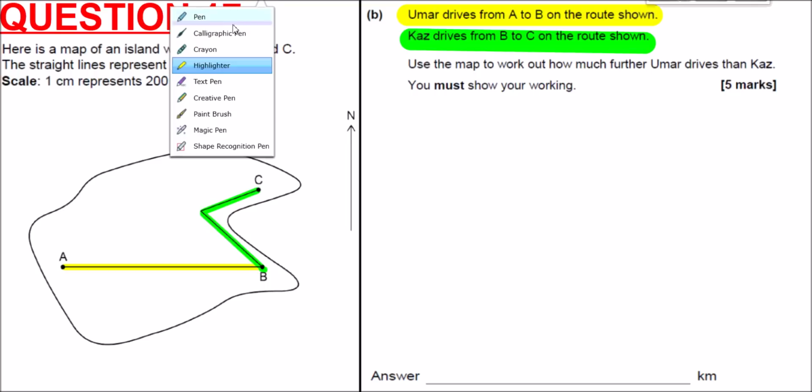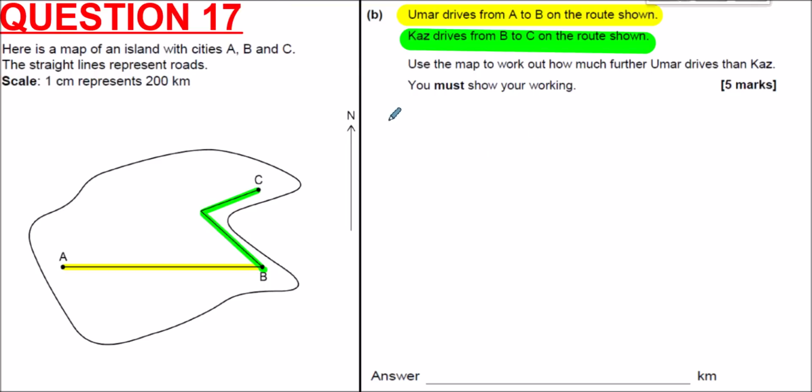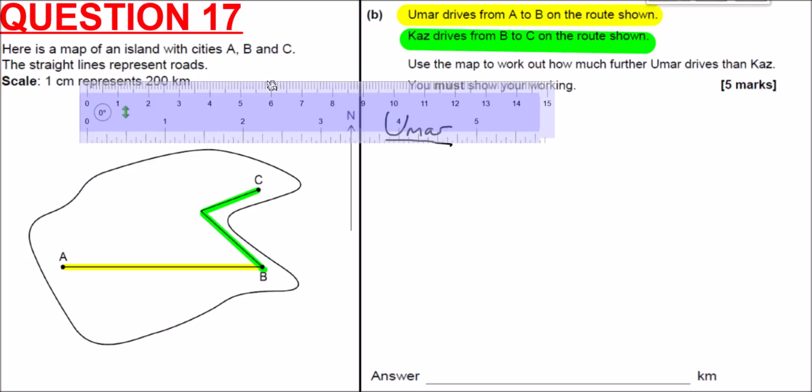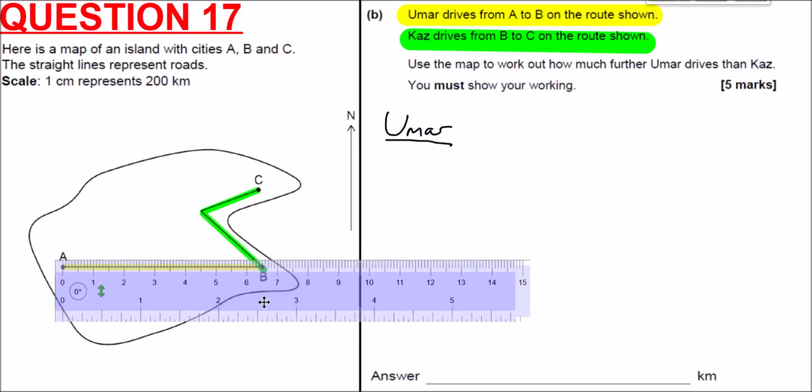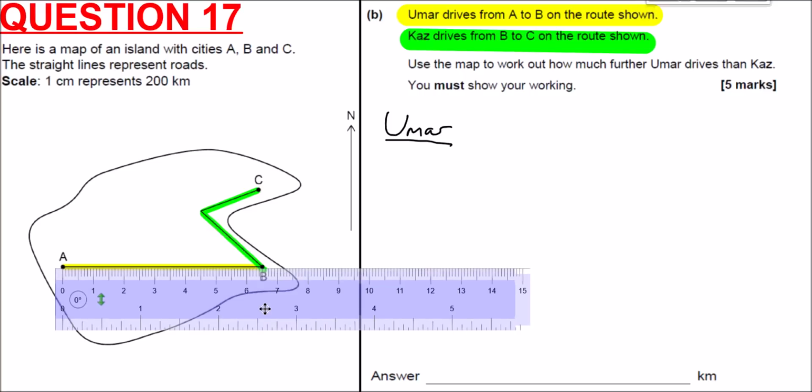And so first of all, let's have a look at Umar's distance. It's a scale drawing, so we need to actually measure this one with a ruler. So Umar is going from A to B. If we put our ruler starting at 0 from A and measure the distance towards B, what we should find is from A to B is 6.5 centimetres. If you're getting 6.7 or 6.4, don't think you're necessarily wrong.